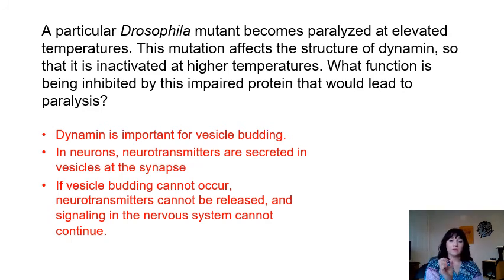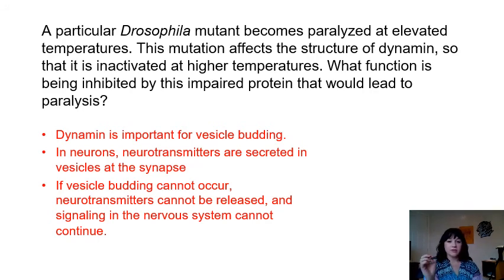And then the ER is going to bud off, and in that vesicle that buds off is going to be the neurotransmitter. And the last step to release that vesicle so that it can travel down the axon to the synapse is for it to be clipped off with that dynamin protein. Right?